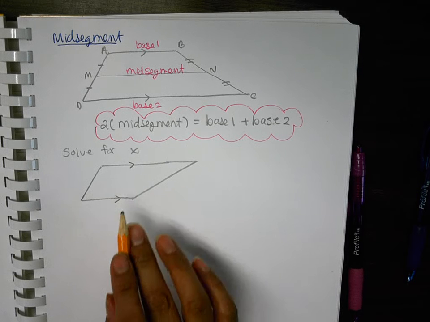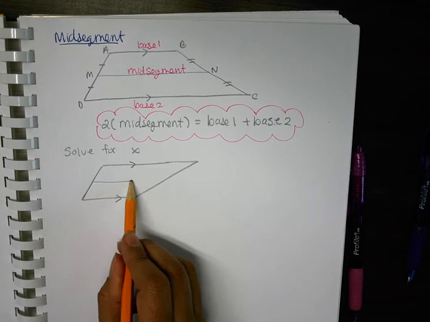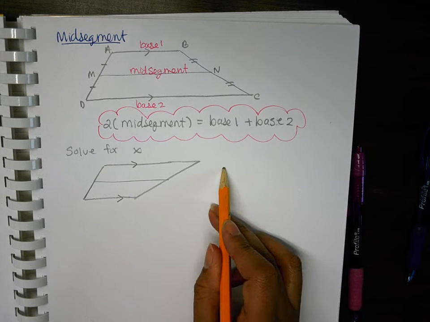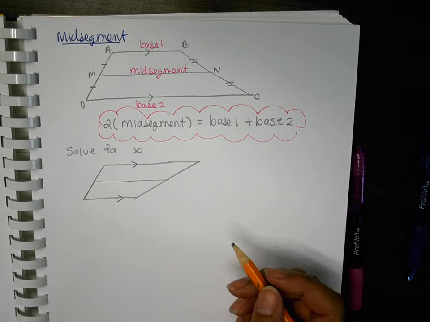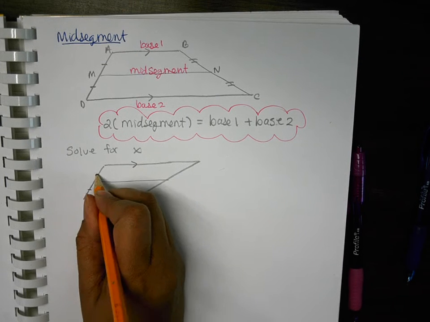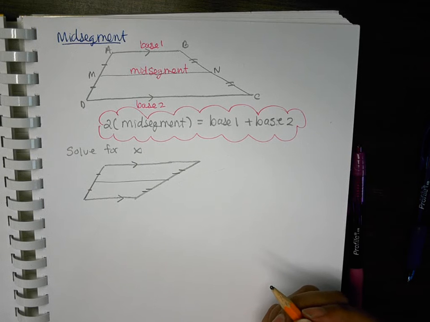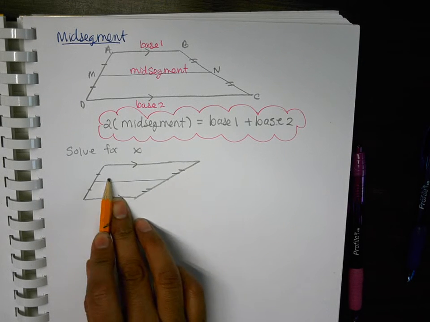Is this a trapezoid? Yes. It's almost like a parallelogram, but that side goes out longer. Okay, so I'm going to put markings here, here. Are those markings enough to know that this segment right here is the mid-segment? Yes. All right.